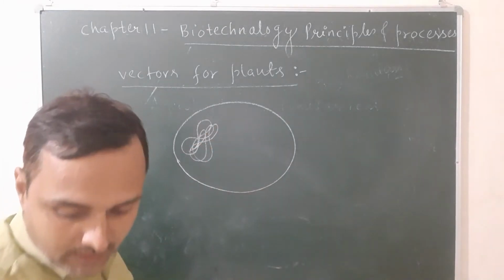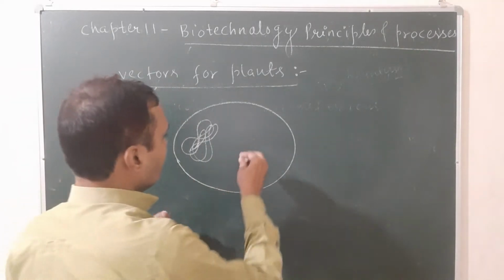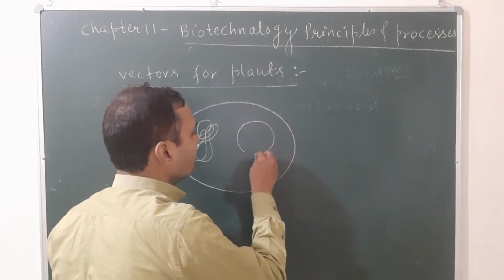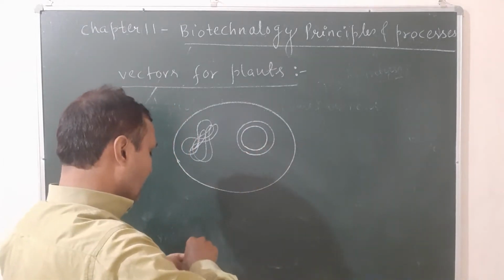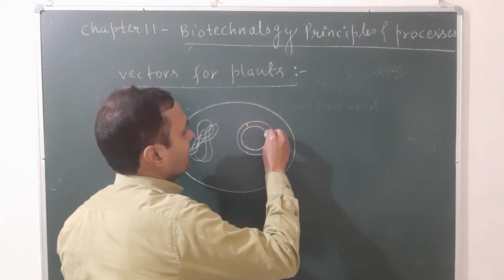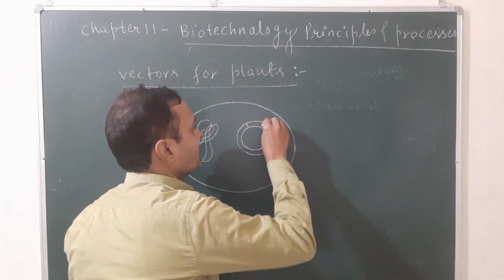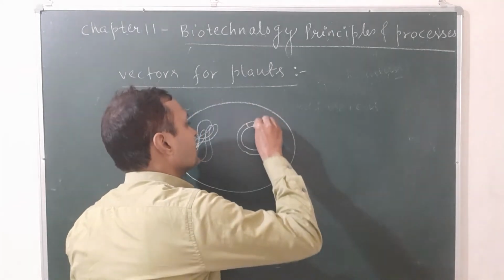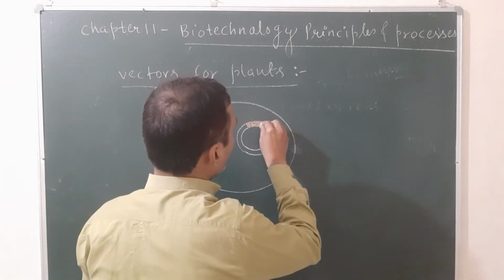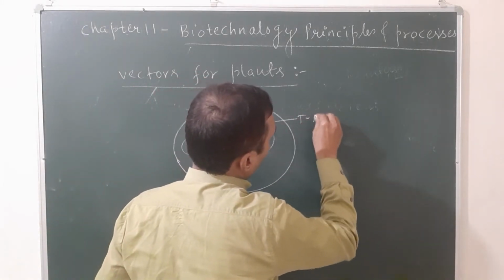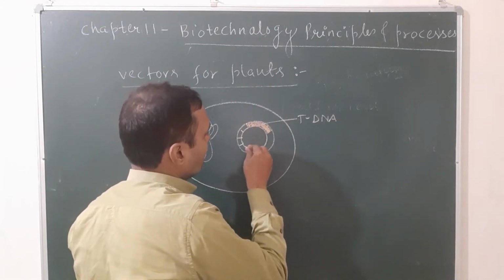But this bacterium also contains a plasmid, and this plasmid contains a special segment of DNA known as tDNA.